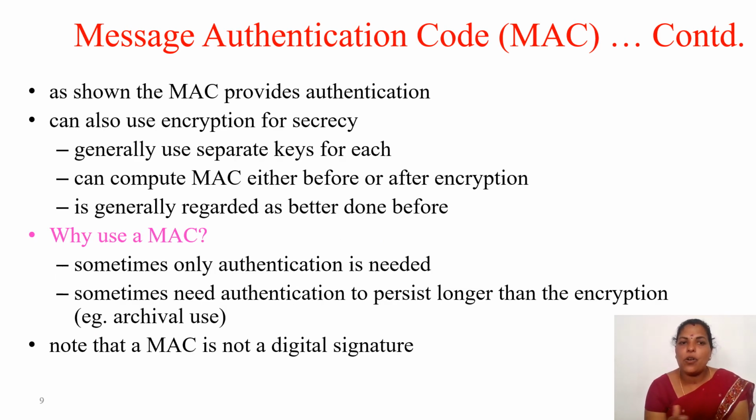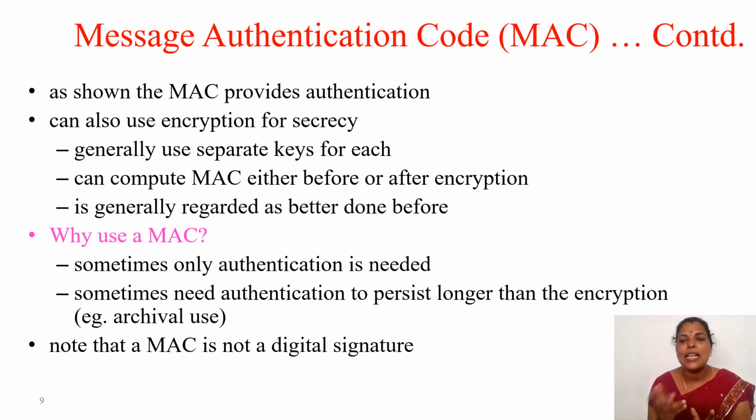So here we have shown that the MAC provides authentication. It can also use encryption for secrecy, but generally separate keys are used for both. In the encryption case, we can compute the MAC either before or after encryption. That is, if you need to provide confidentiality in addition to authentication, then we have to perform encryption as well, either before or after generating the MAC, because different combinations are possible.